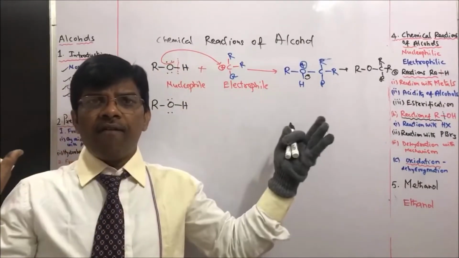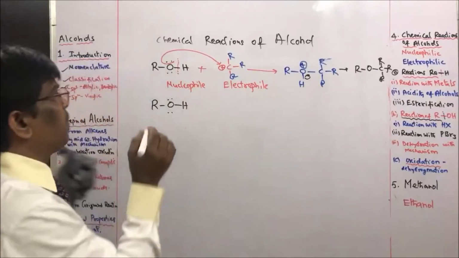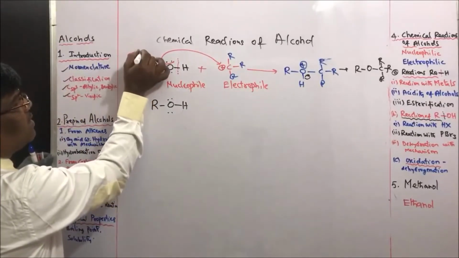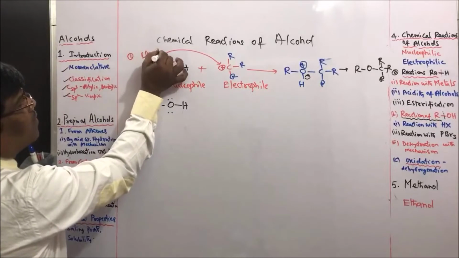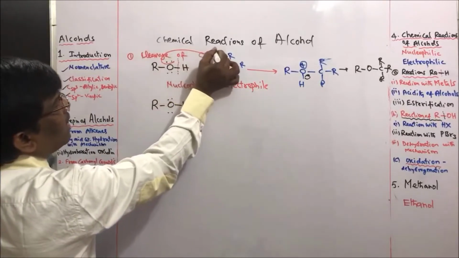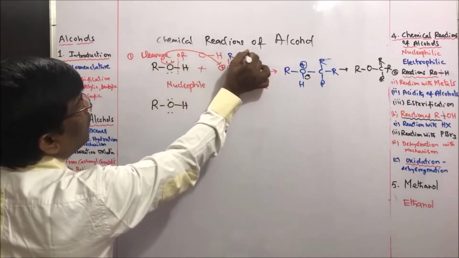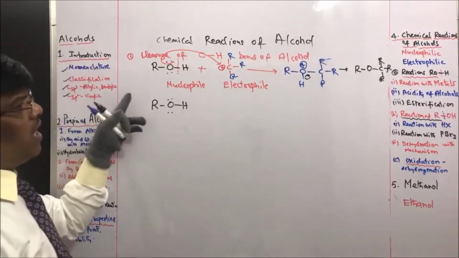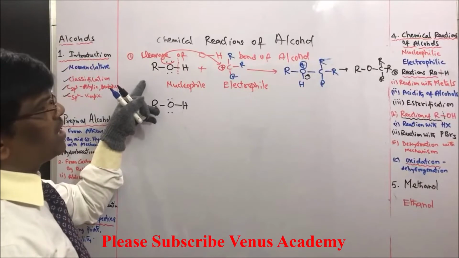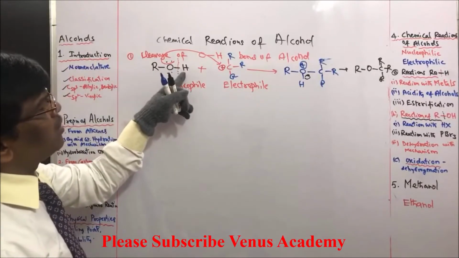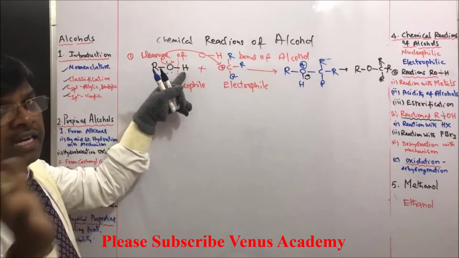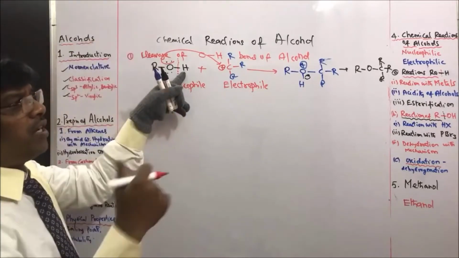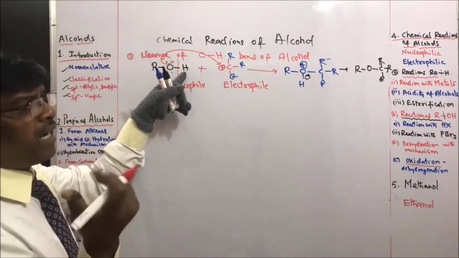So the first criterion is cleavage of the oxygen-hydrogen bond of alcohols. Under this we get some reactions where this hydrogen is replaced or detached and substituted with other electrophiles or metals.